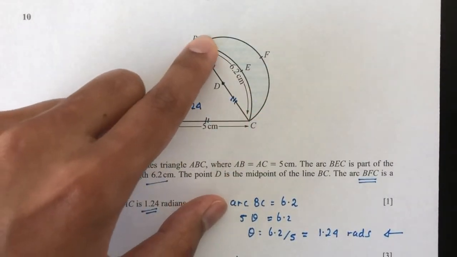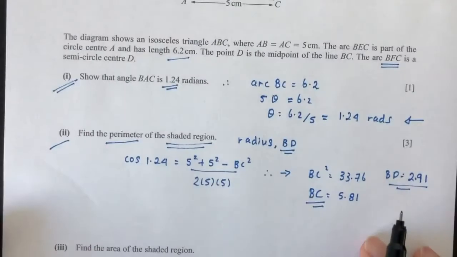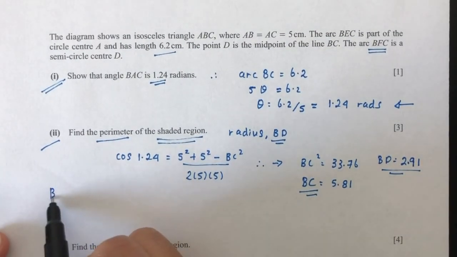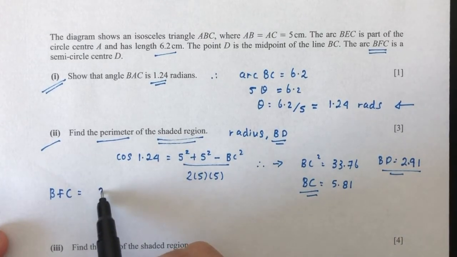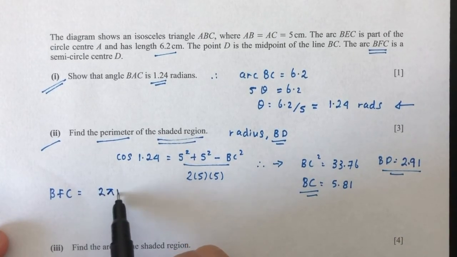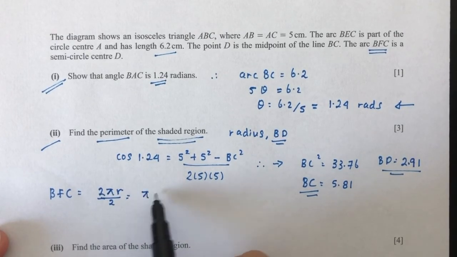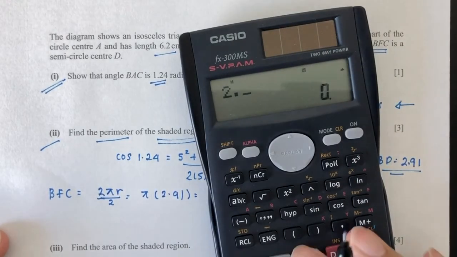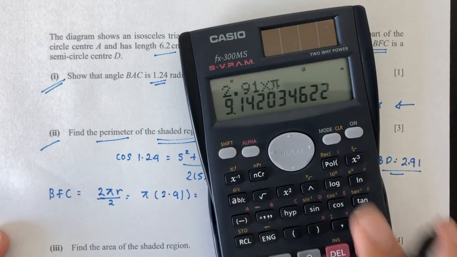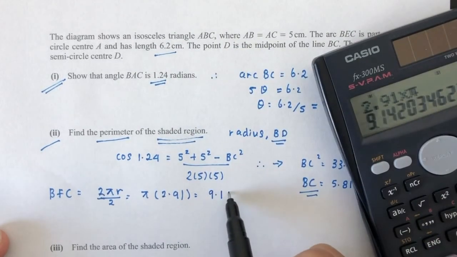So how do you find the length of BFC? The full circle is 2 pi r, half will be divided by 2, just pi r. Radius is 2.91. So 2.91 times pi, that will be 9.14.